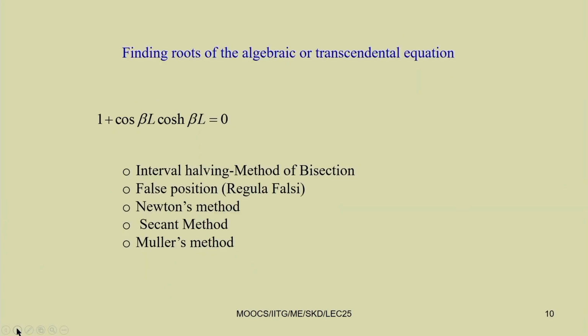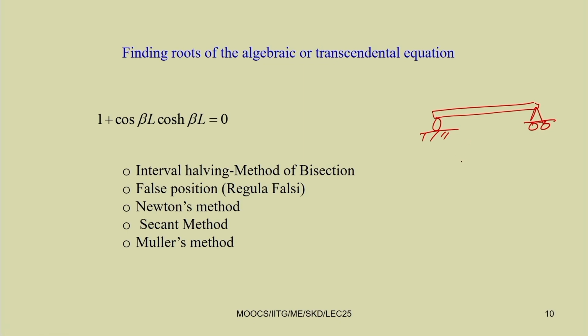Sometimes, for example, when we are taking the Euler-Bernoulli beam equation with different boundary conditions. In case of the Euler-Bernoulli beam equation, let us recall when it is simply supported, we know this characteristic.